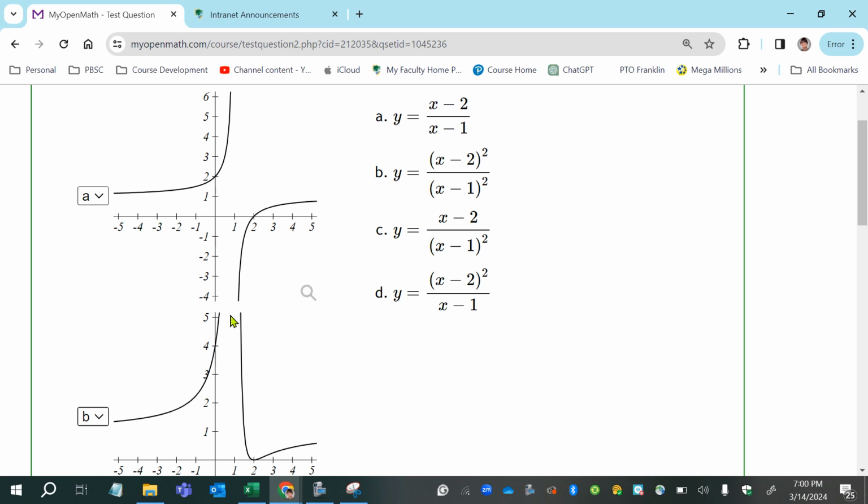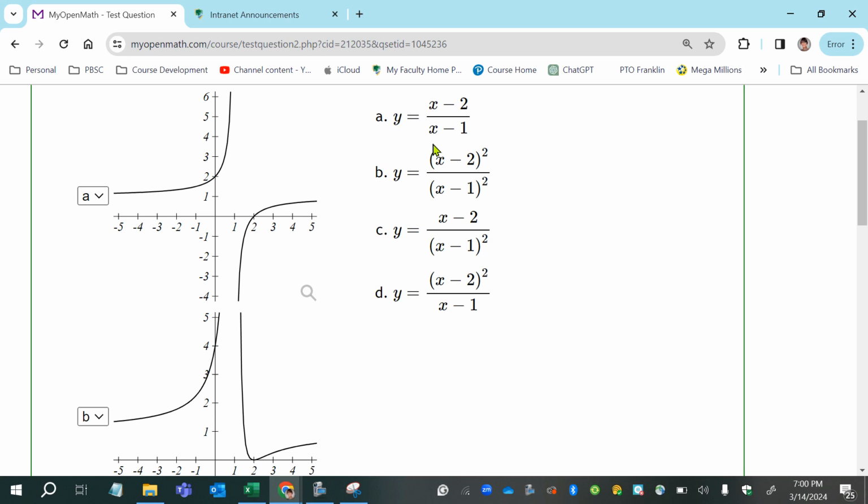So I could say, well, I think A might go with the first picture. So I'm going to take that y-intercept of (0, 2), replace the y with 2, and put zeros in for the x's.